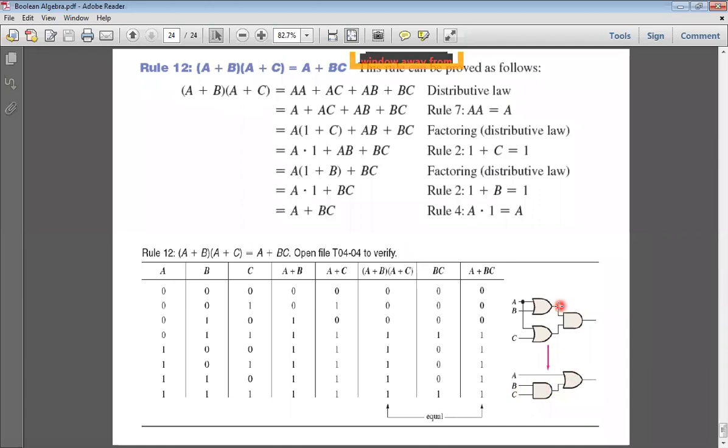Whereas here, if you use left hand side expression, it takes 3 gates to implement. If you use the right hand side expression, it takes 2 gates to implement. In either case, the result is same. So we choose to use the second one, which is the simplified one. So with this, we have covered all the gates.